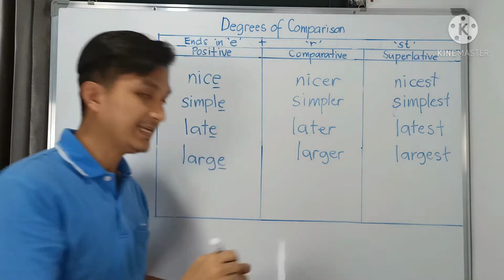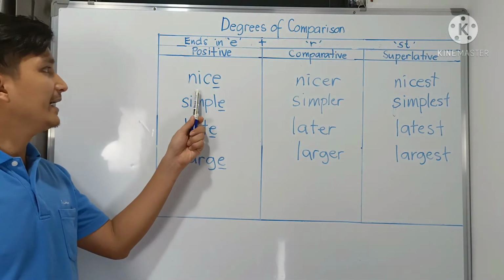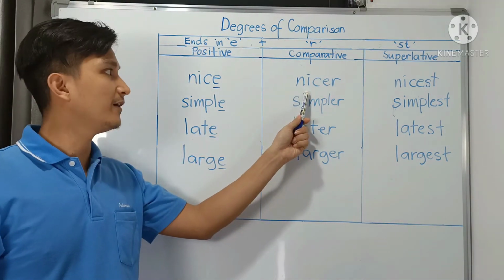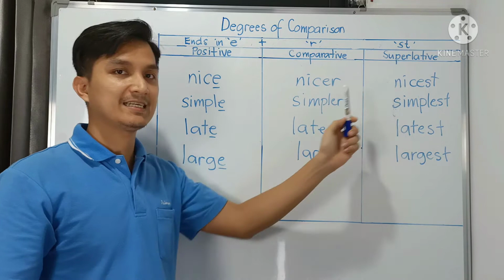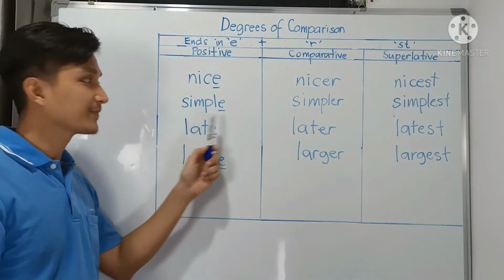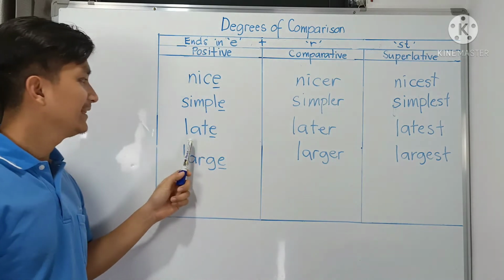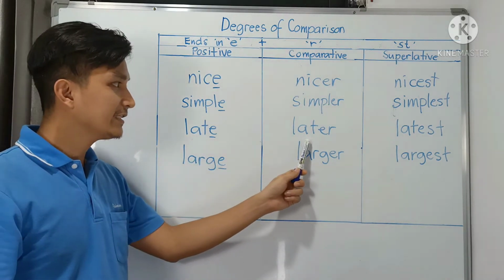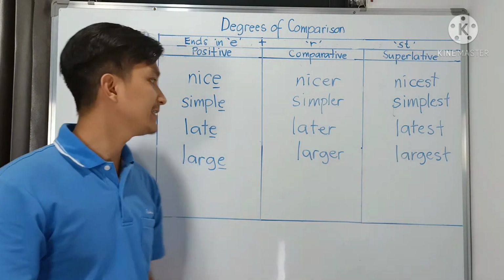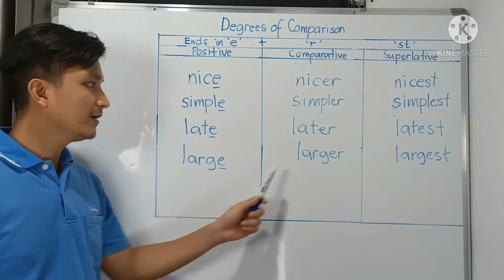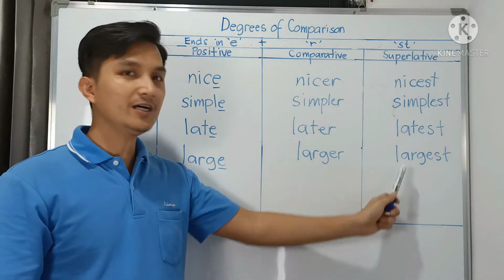Okay? So let's check it over. Nice, nicer, nicest. Simple, simpler, simplest. Late, later, latest. Large, larger, largest.